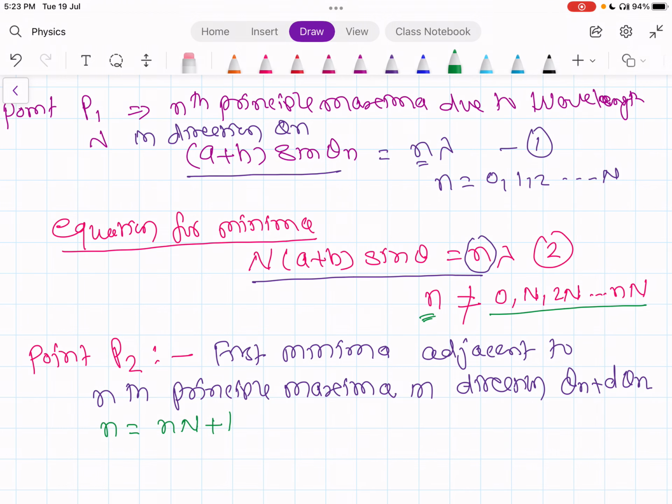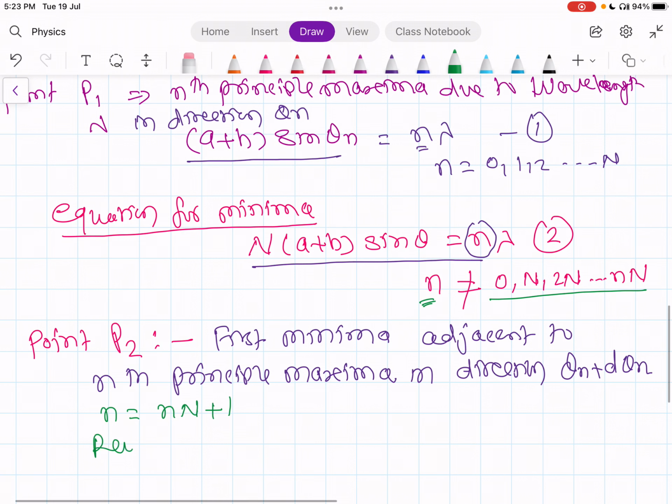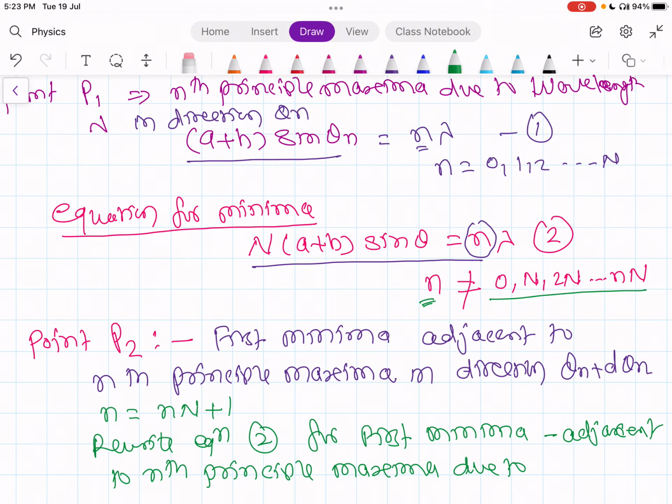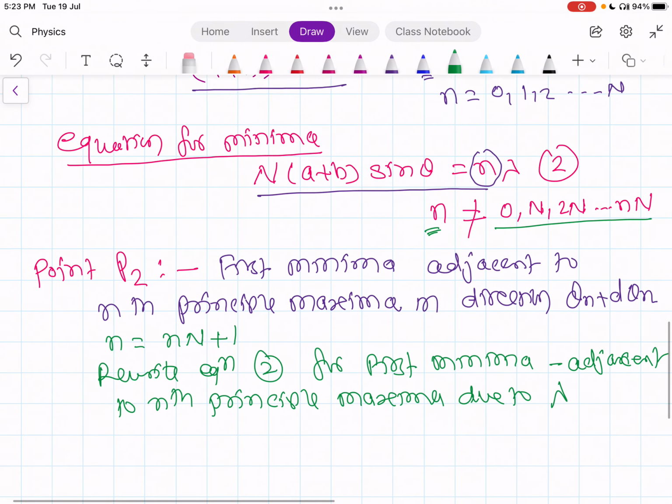Okay, then rewrite equation 2 for the first minima, which is adjacent to the nth principal maxima due to wavelength lambda.